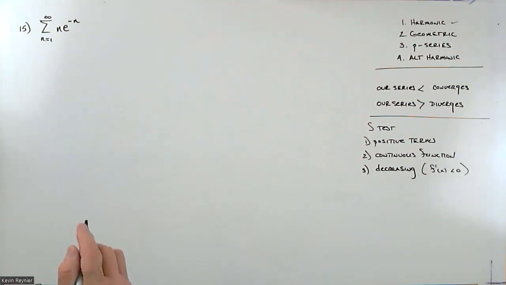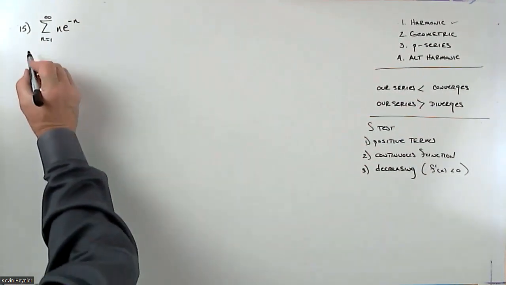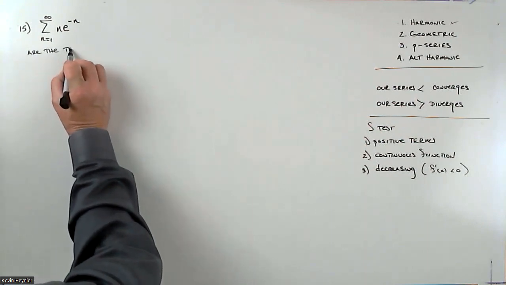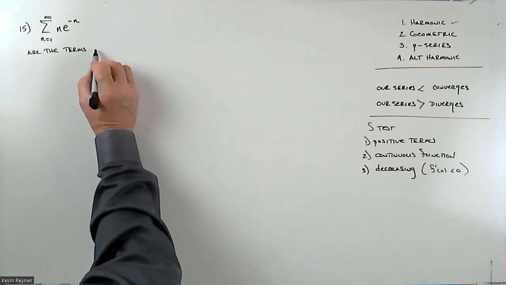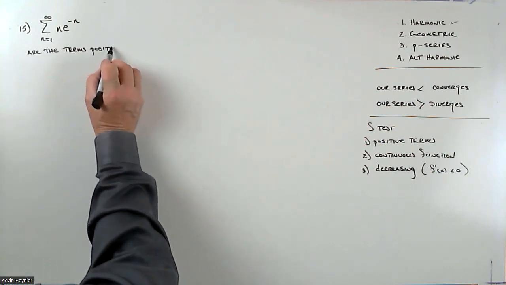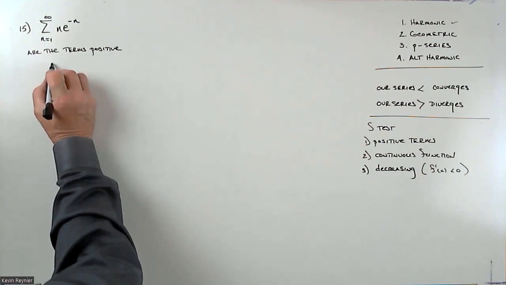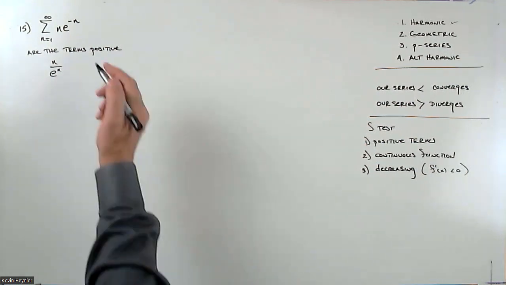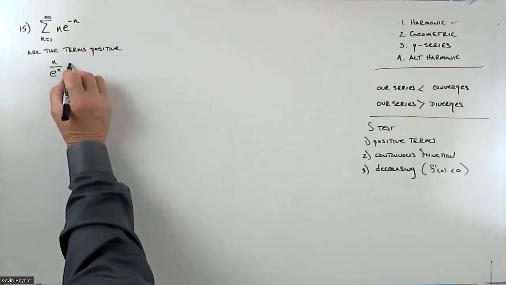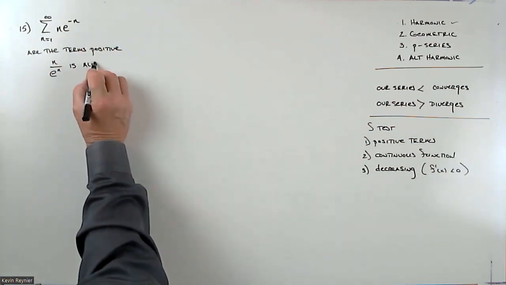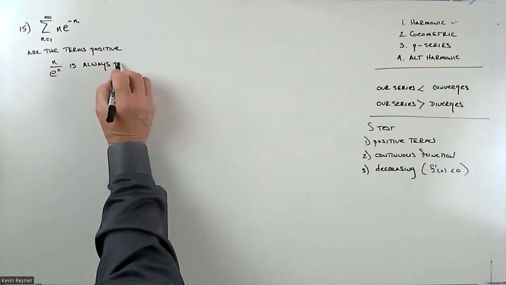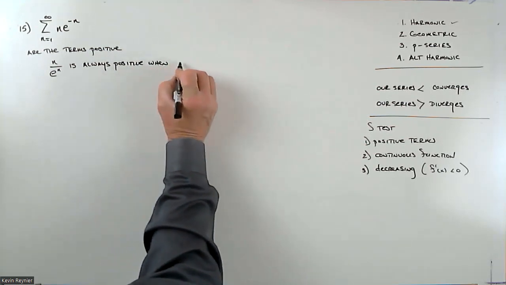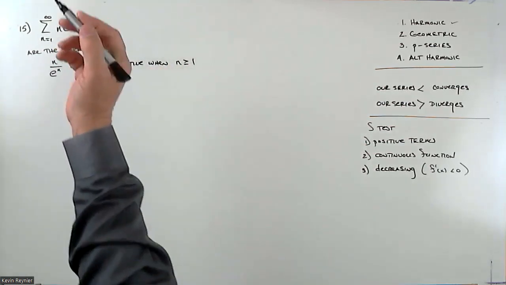Okay, so when we come over here, we take a look at this, right? Are the terms positive? Well, what do we have? We have n divided by e to the n. Right, that's what this is, e to the minus n. This is always positive when n is greater than or equal to 1, which ours is.